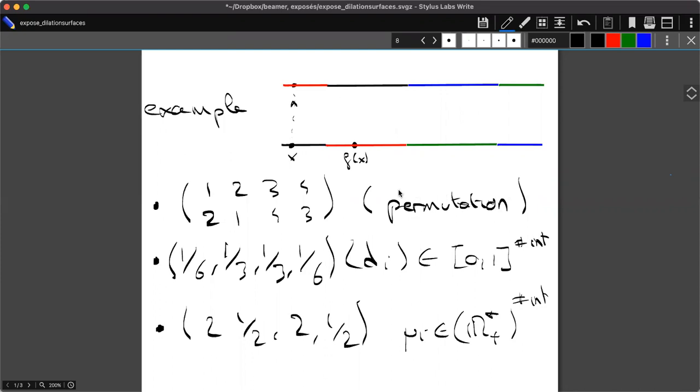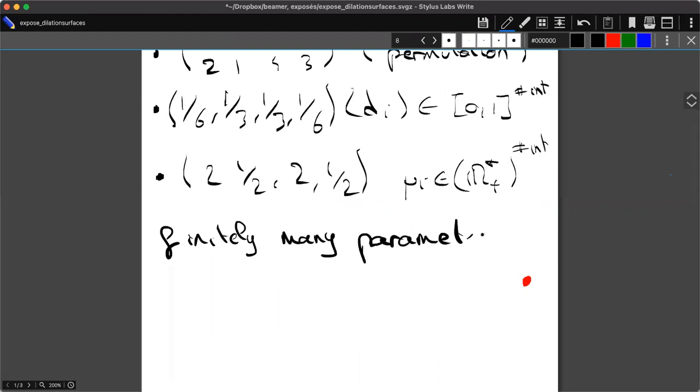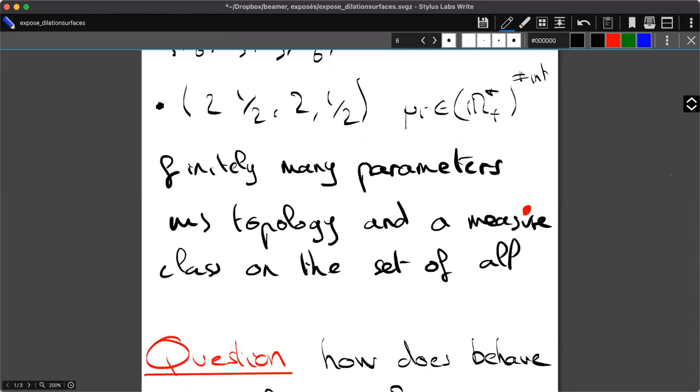So you have finitely many parameters, and therefore you have a topology and a measure. Actually, it's not exactly a measure, but a measure class, on the set of all affine interval exchanges.